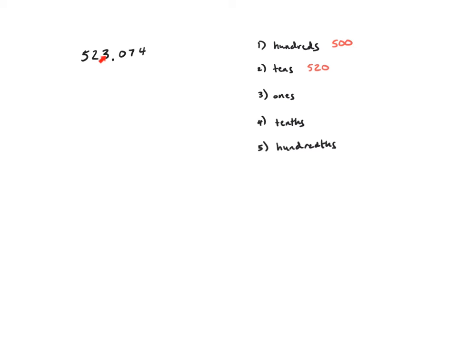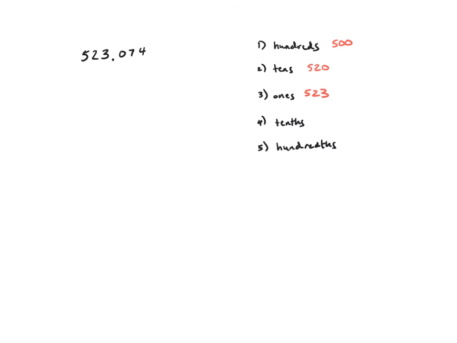Rounding to the nearest whole, here's the ones place. I have 523 ones. If I look just to the right, this is the tenths place. And if this were halfway to the next whole, this would be a 5, but it's lower than that. So all of this part right here is going to be rounded down, and I'm going to be left with just 523 ones.